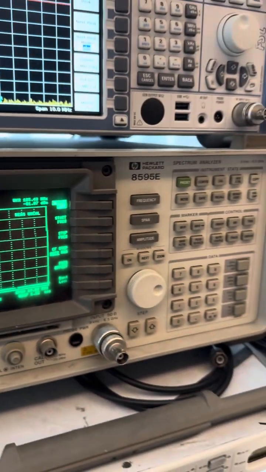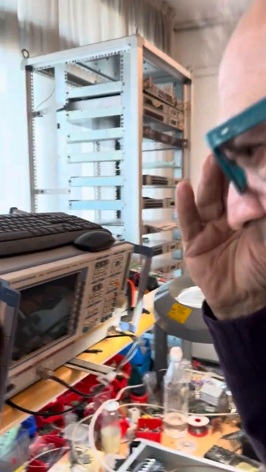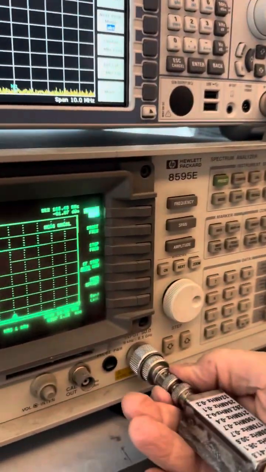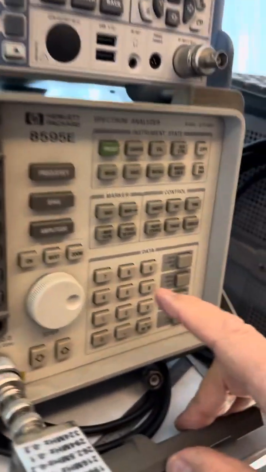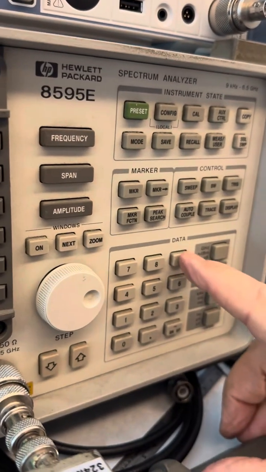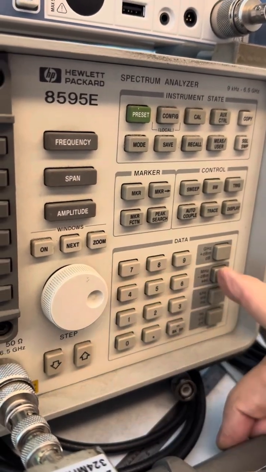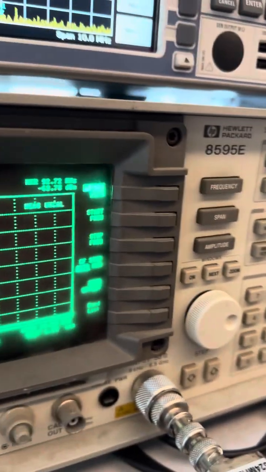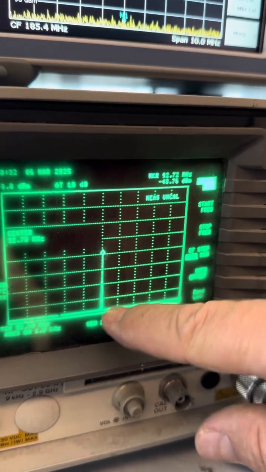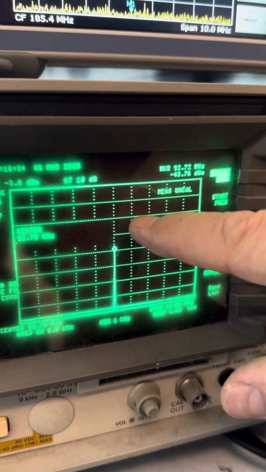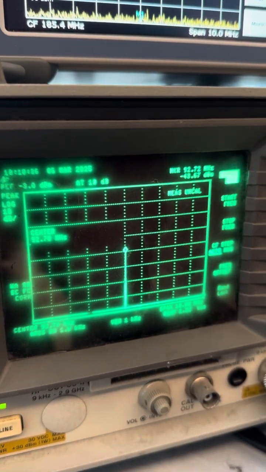Let me measure the third harmonic too. Excuse me, I will show you now. I will go to 92.7, and you can see how the main carrier is attenuated about 40 dB, as I showed you before.